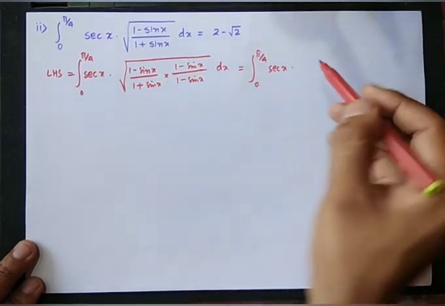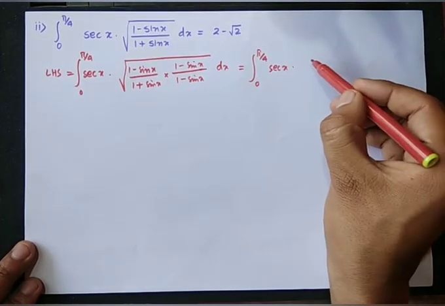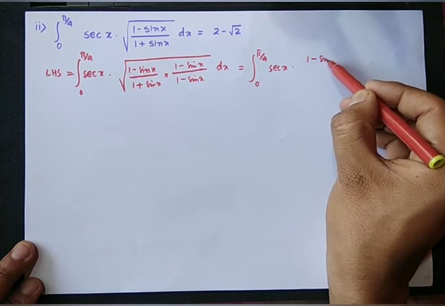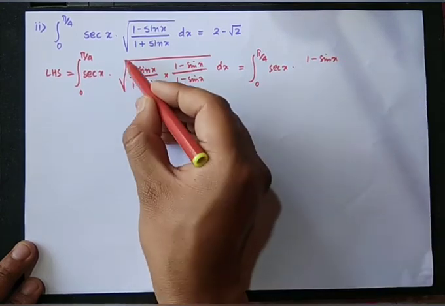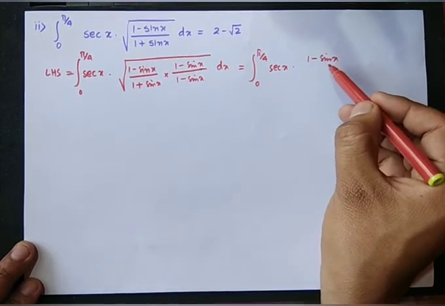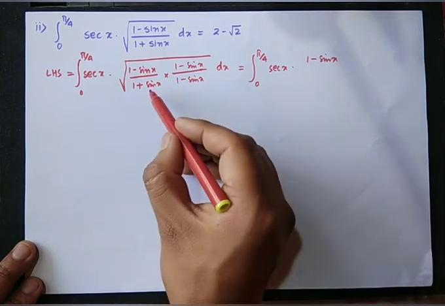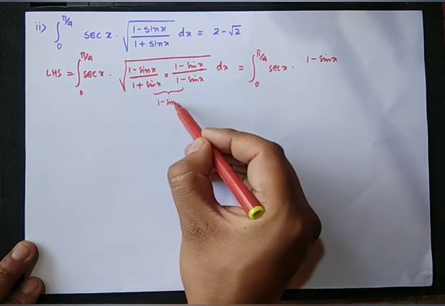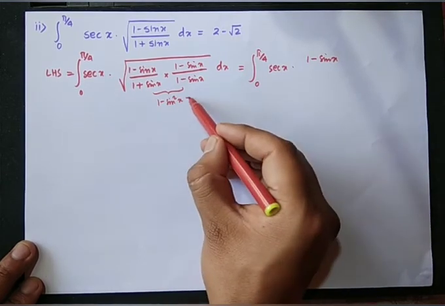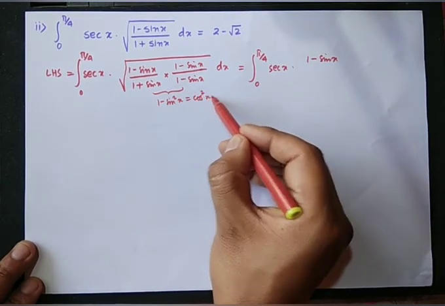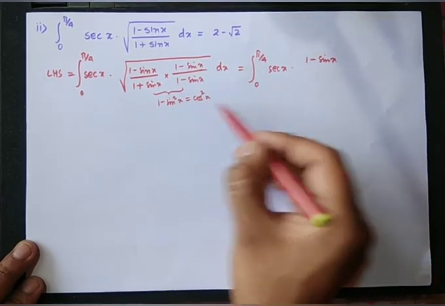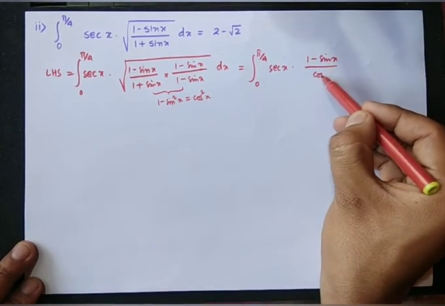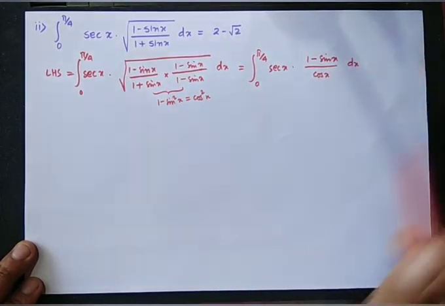This gives me 1 minus sin x whole square, and because of the square root sign, it becomes only 1 minus sin x. So this becomes 1 minus sin square x, which in turn equals cos square x, and the square root of cos square x is cos x dx.